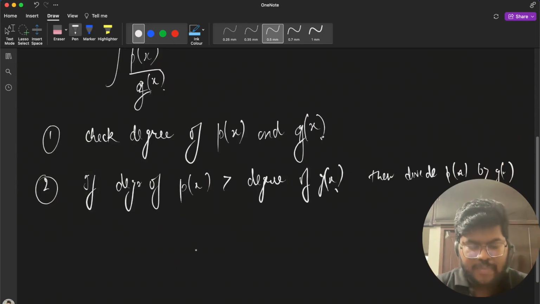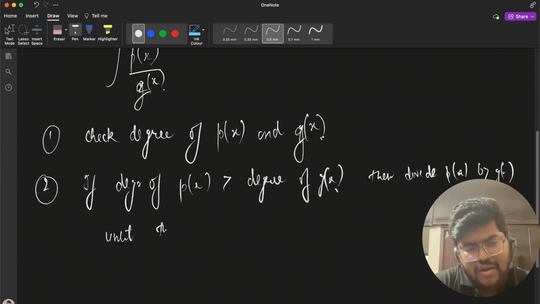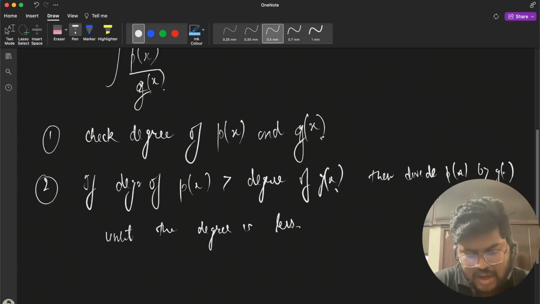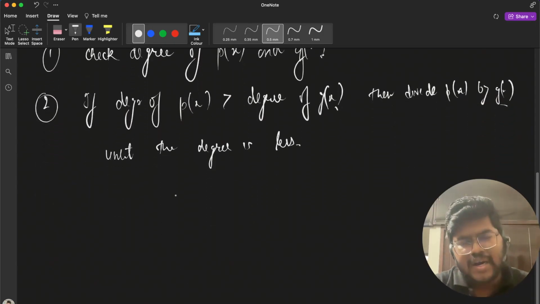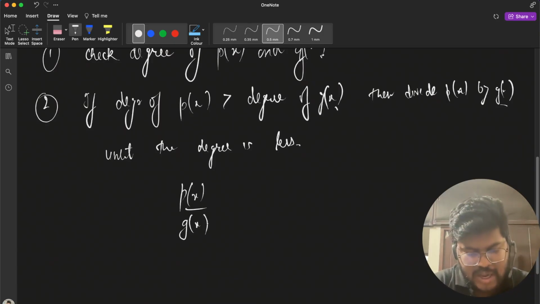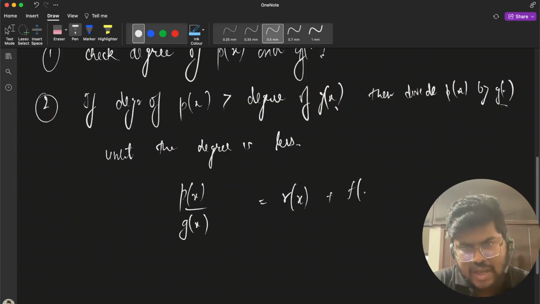If the degree of p(x) is greater than the degree of g(x), then we have to divide until the degree becomes less, and make the form p(x) upon g(x) as r(x) plus f(x) upon g(x).